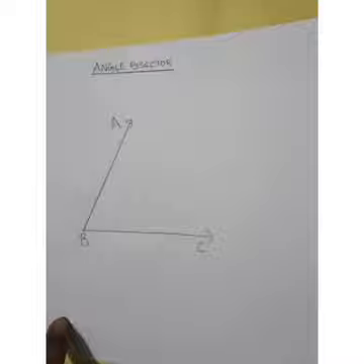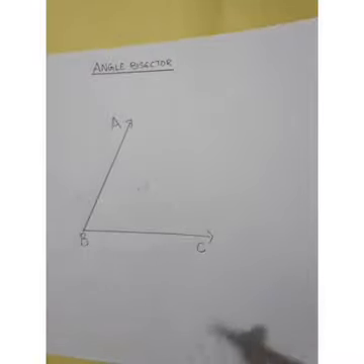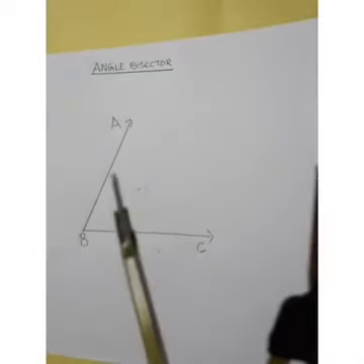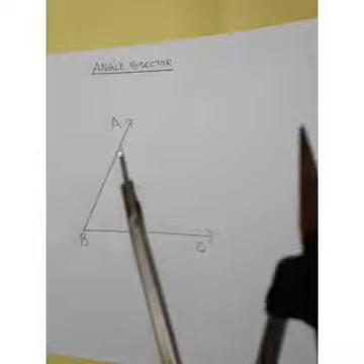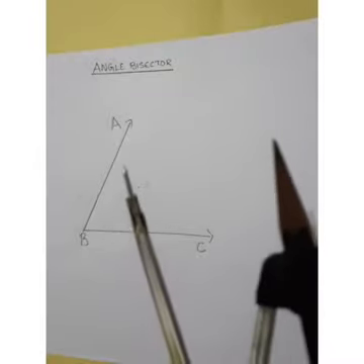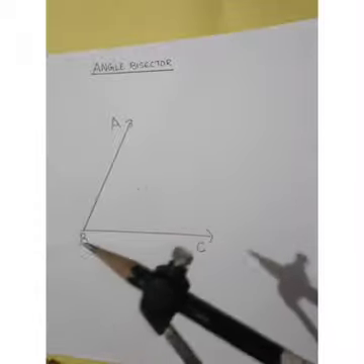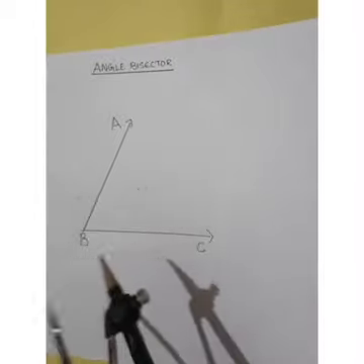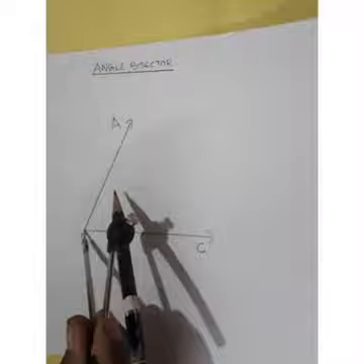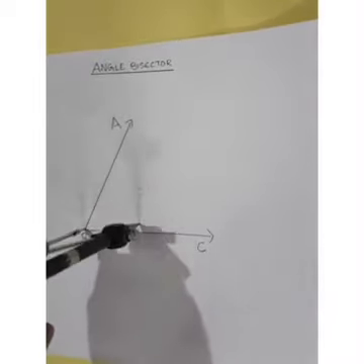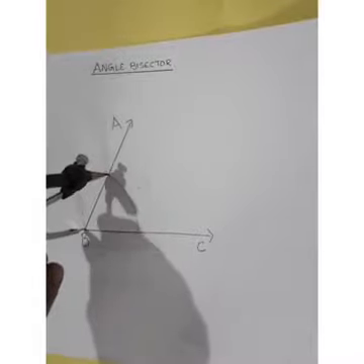For that, we have to take a compass and a pencil, and take any one radius. Taking B as center and any radius, we want to draw an arc.